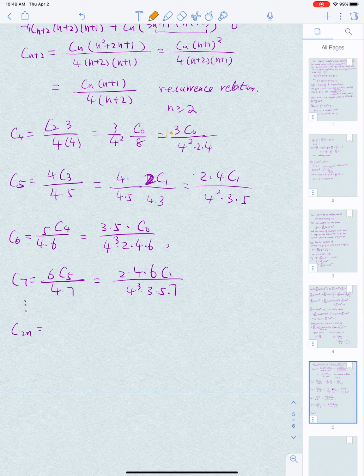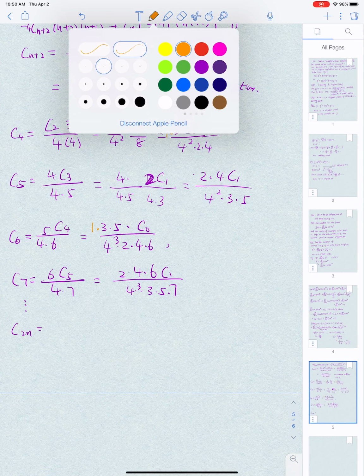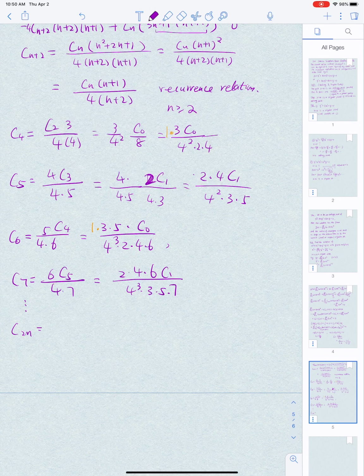That's for C4. And then C6 is 1 times 3 times 5. So we can think C2n as 1 times 3 times 5 times, but we always stop one less than the index, so it should be 2n minus 1. That's what we observed from the previous terms.